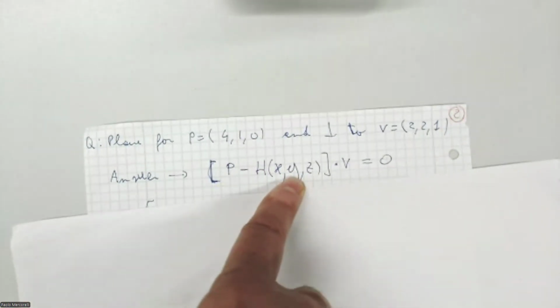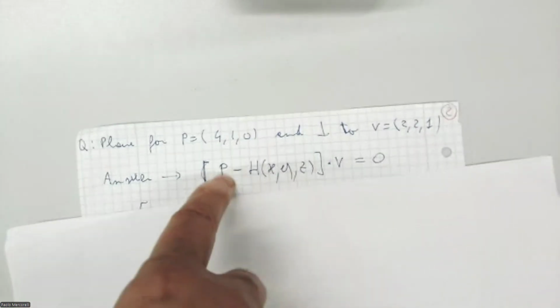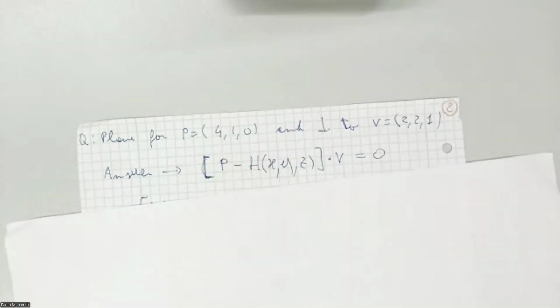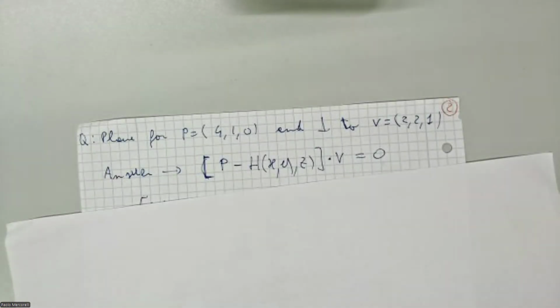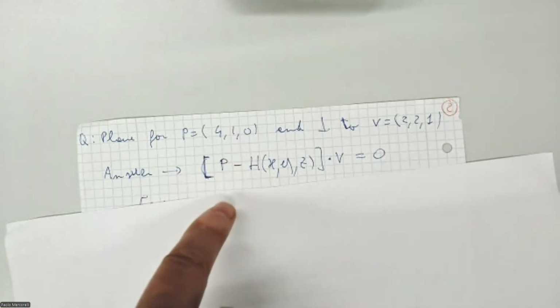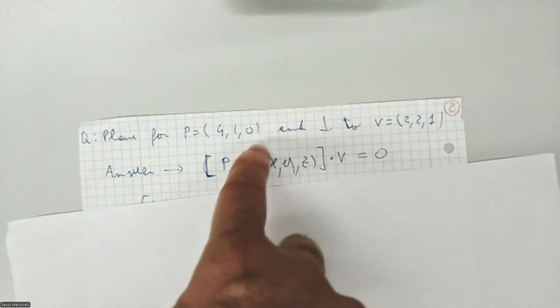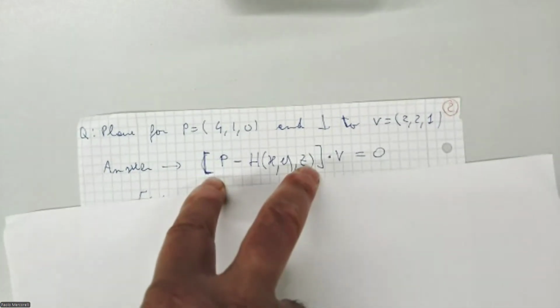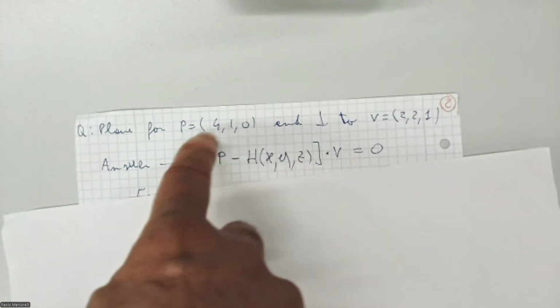The plane is characterized by x, y, z, but the plane includes P, which is given. Seems to be too abstract. The question is why the plane includes P? Because for h of x, y, z equal P, we satisfy 0 because this is 0.